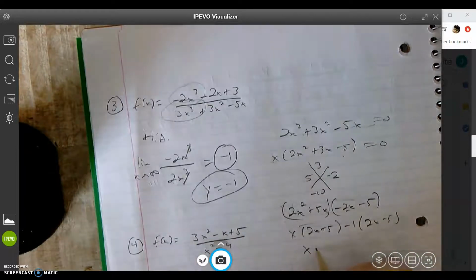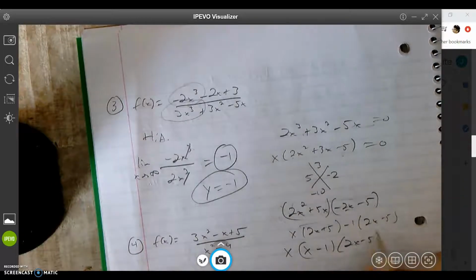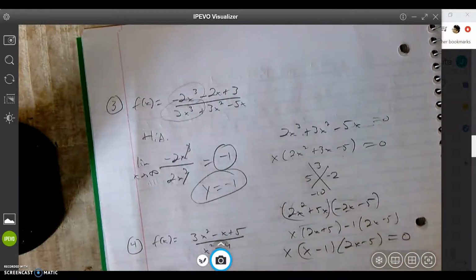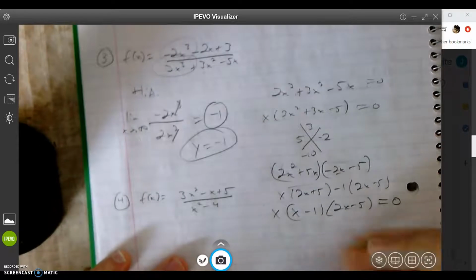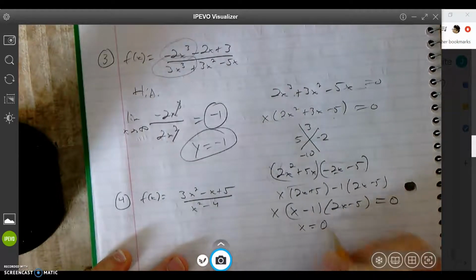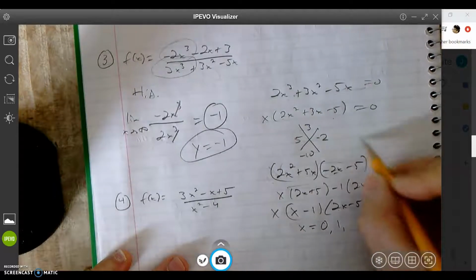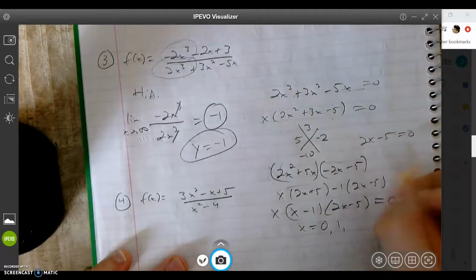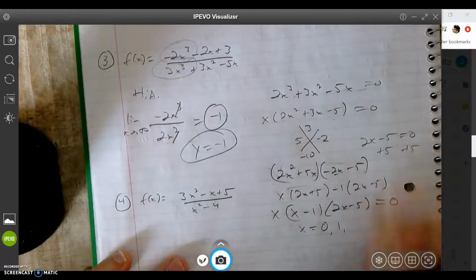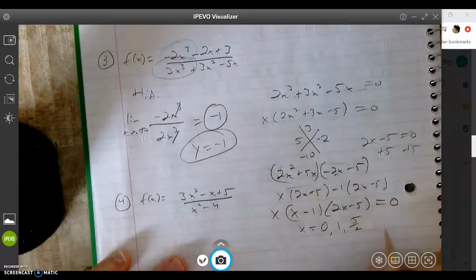So I have x times (x minus 1) times (2x minus 5) equals 0. And so x equals 0, 1, and setting 2x minus 5 equal to 0, what do you get? Plus 5, and then divide by 2, so you get 5 over 2, or 2.5.